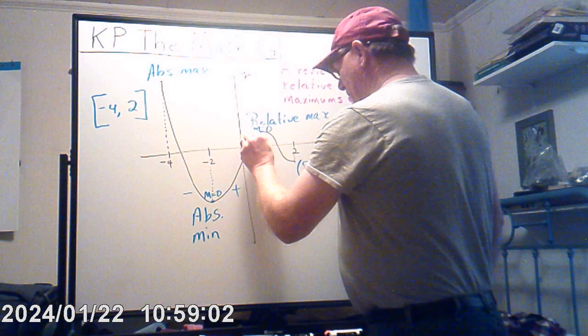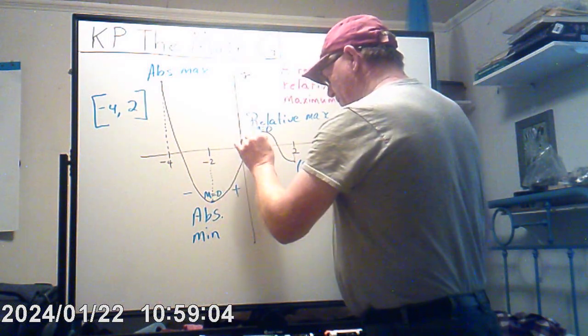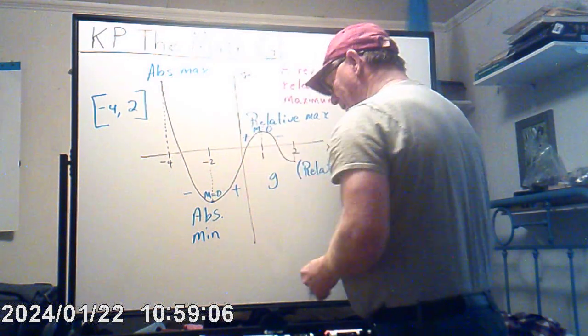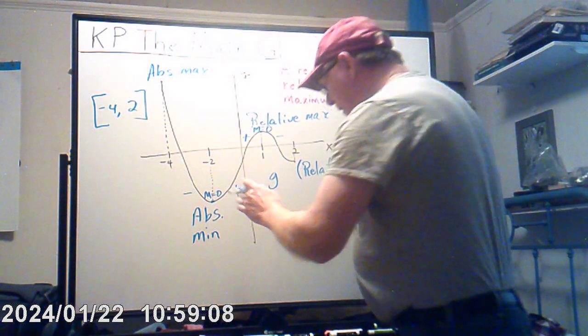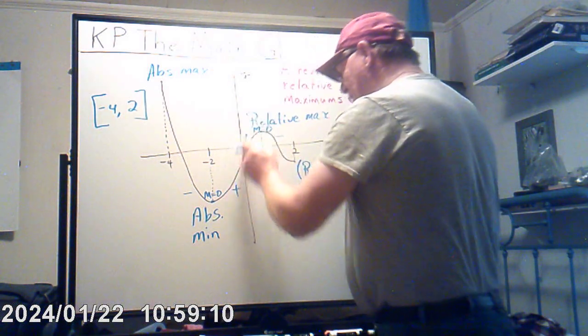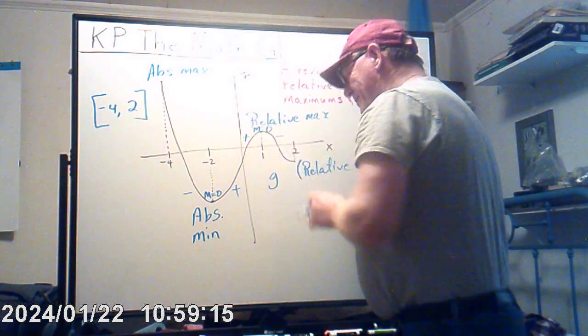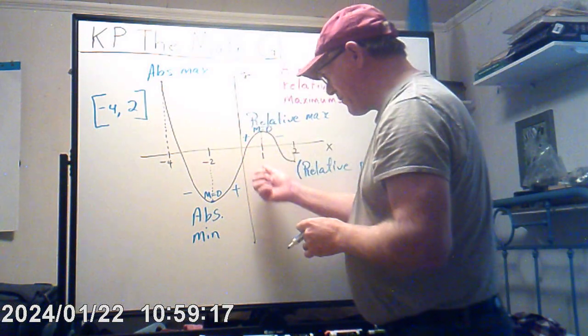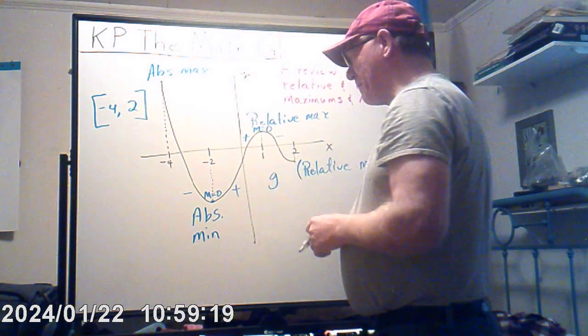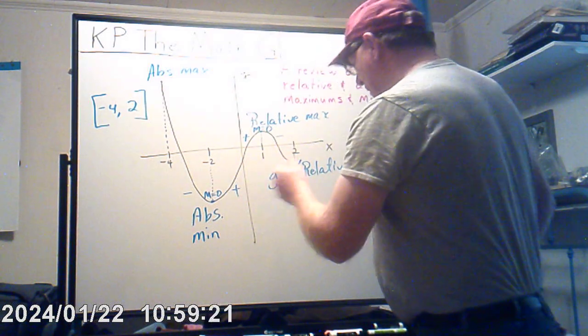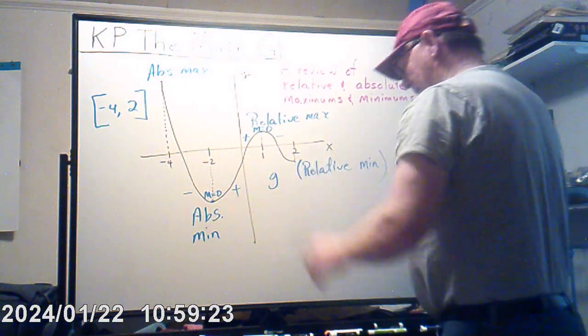This is a maximum because this changes from positive to negative. G is increasing to the left of x equals 1, and g is decreasing to the right. So that's just a very quick idea here.